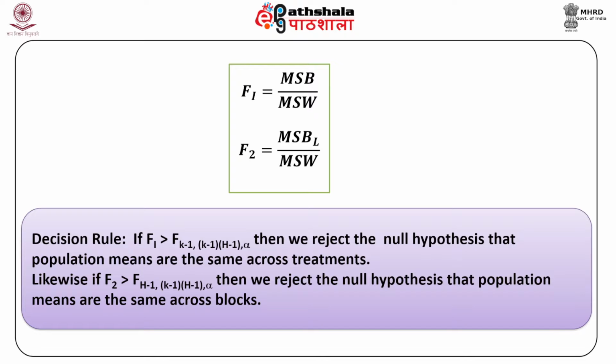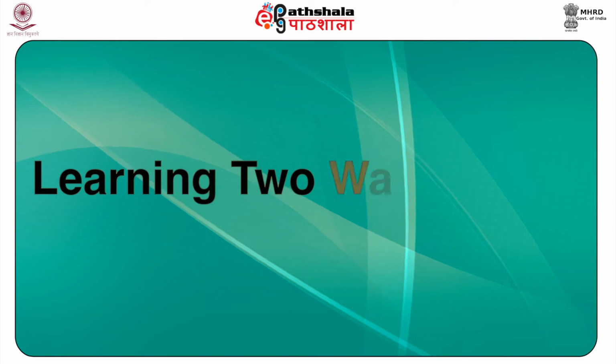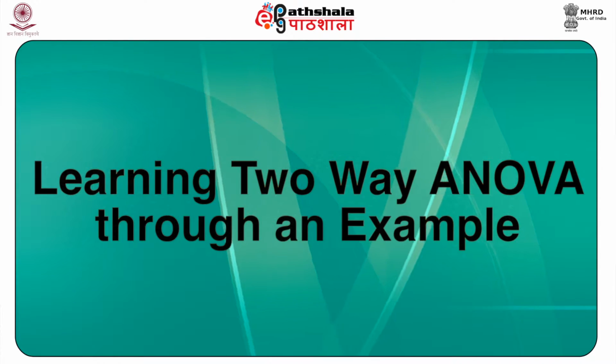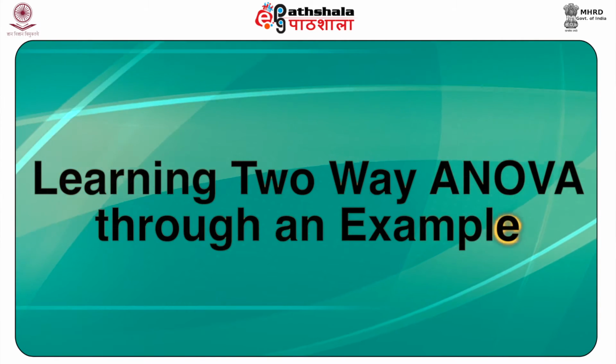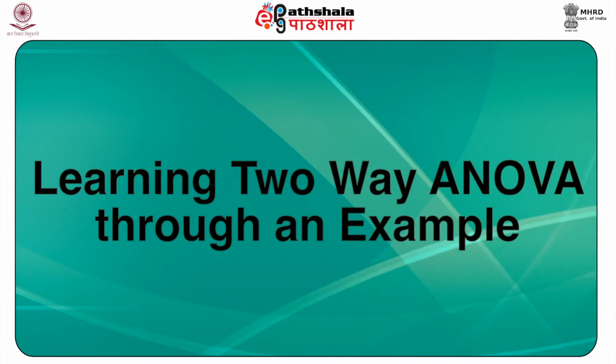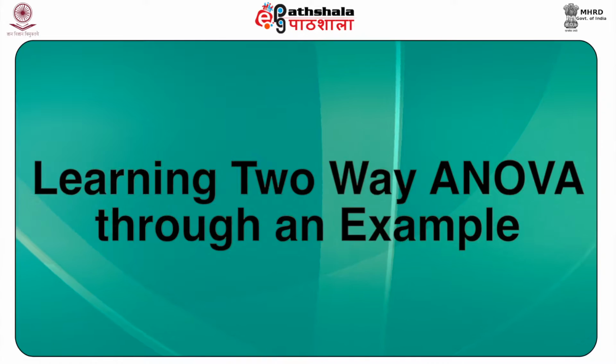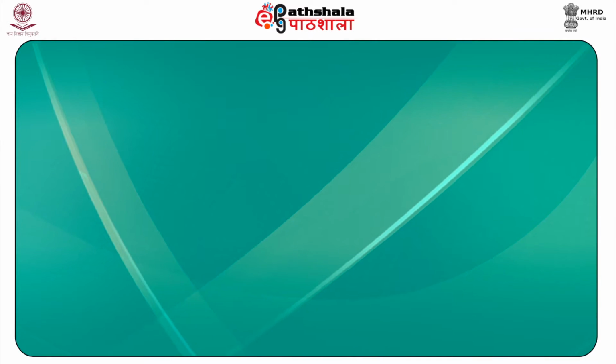Similarly, for F2, if F2 is greater than F with h − 1 and (k − 1) into (h − 1) degrees of freedom at alpha, then we reject the null hypothesis that population means are the same across blocks. Let's do this learning of two-way ANOVA through an example once again so that we have clarity on how we ultimately use a two-way ANOVA in the real world.